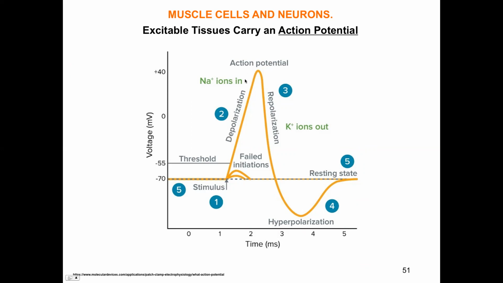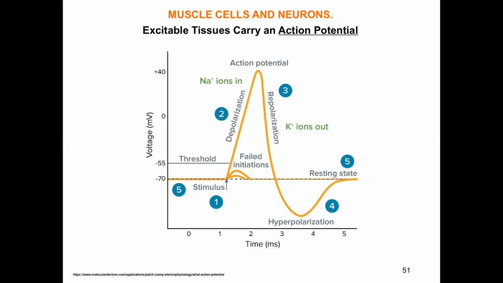It can go up to 25, 30 to 40 millivolts. So it depolarizes, and then it will repolarize again. It will flip back to the negative, all right? It's muscle cells and neurons that can do this, and that's what we mean by an excitable cell. So its resting membrane potential will do a flip, okay?